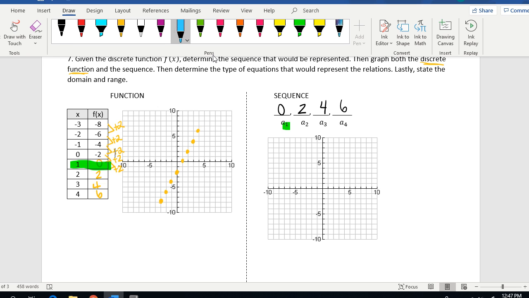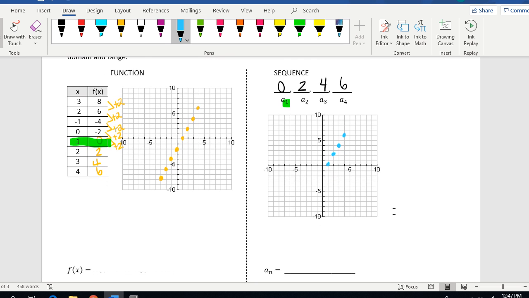So this sequence is just going to be 1, 0, 2, 2, 3, 4, and 4, 6. All right, so there's the difference between a discrete function and a sequence. A sequence always starts with your first term.